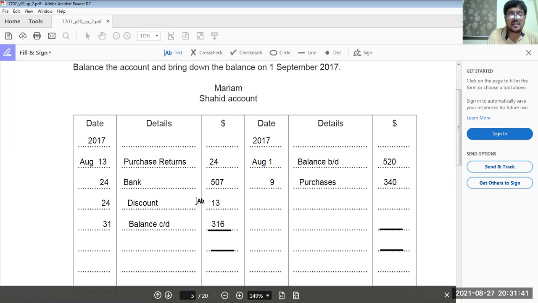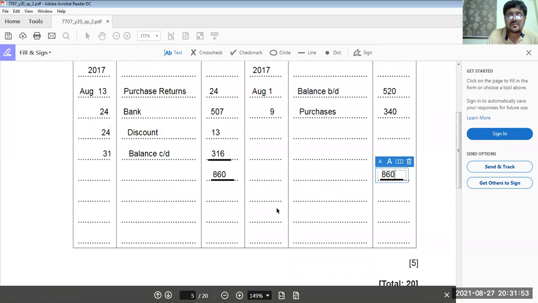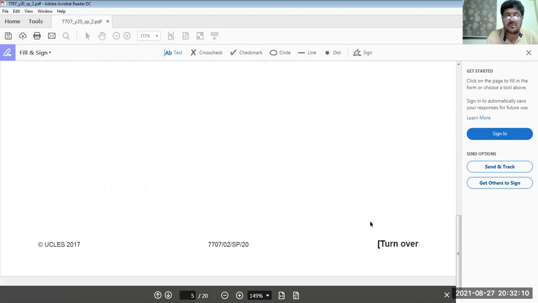The amount is how much? 860. Now, don't forget to write September 1 balance BD. The liability account should show the credit balance 316.